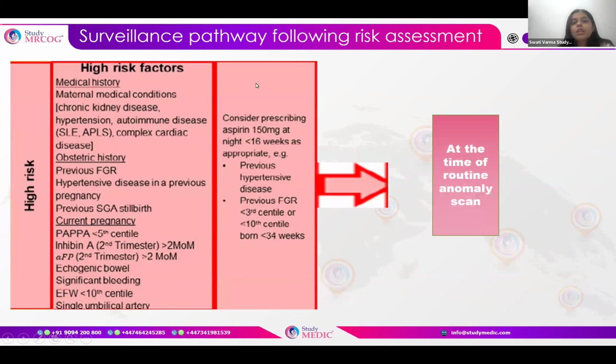Now, the surveillance pathway for high-risk women. Who falls in high-risk women? Maternal medical conditions like CKD, hypertension, any autoimmune disease like SLE, APLA, or any complex cardiac disease, valvular especially, or recent MI, or previous FGR.